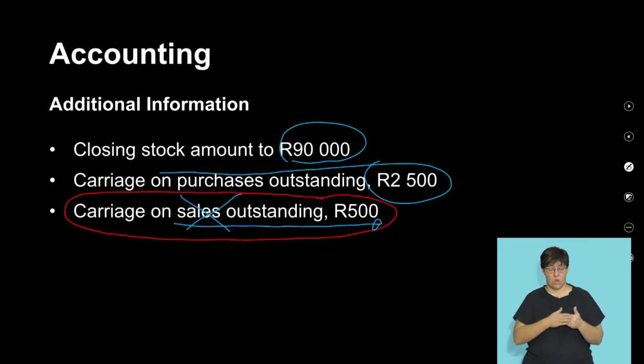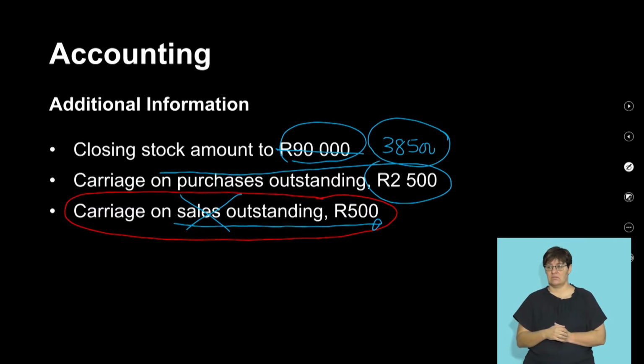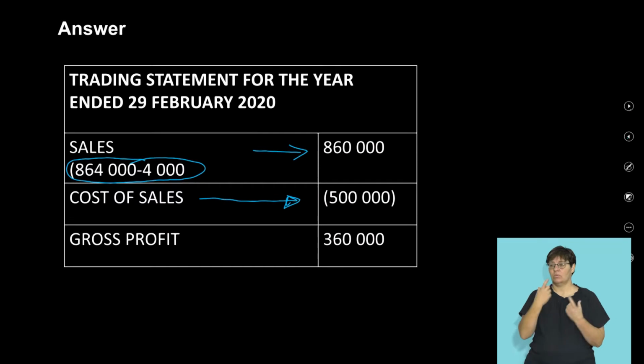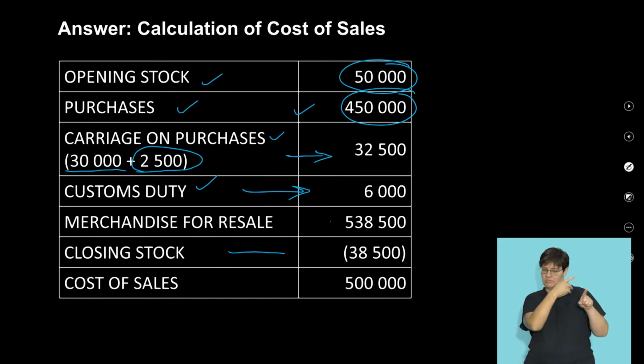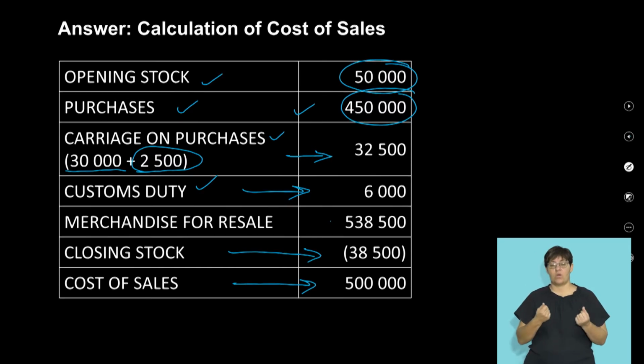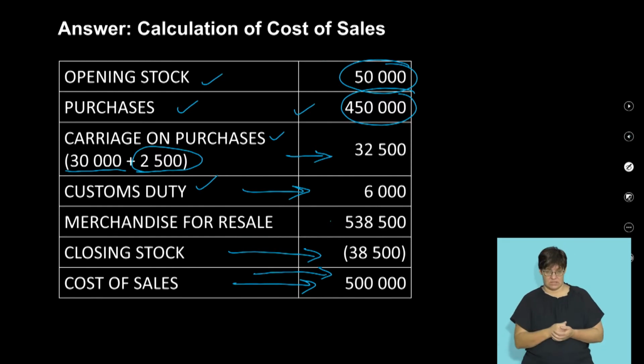Your closing stock amounted to 38,500. So this is an error here. It should be 38,500. Let's change that. So immediately we know that we're doing the right thing. There we go. Closing stock, 38,500 to give me my cost of sales of 500,000. 538,500 minus the 38,500 will give me cost of sales of 500,000.